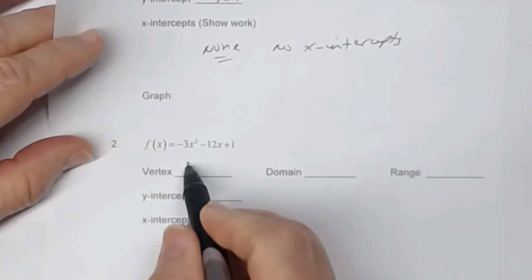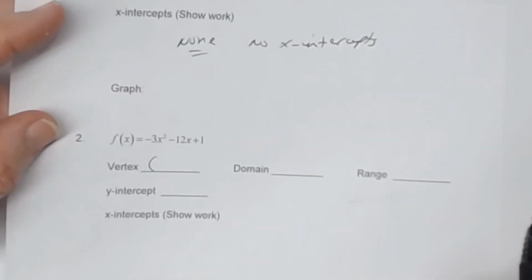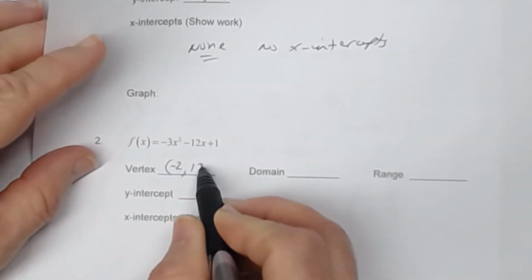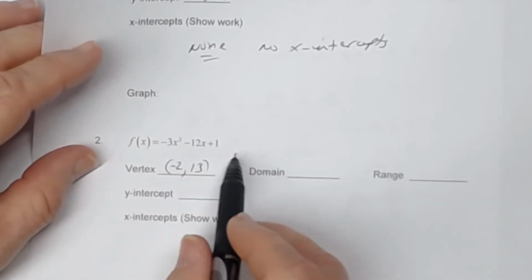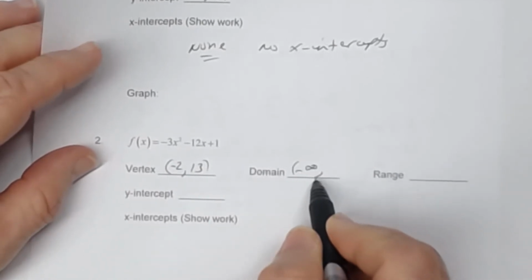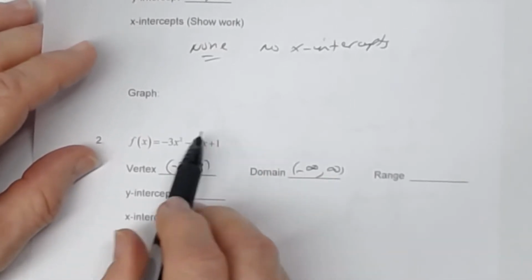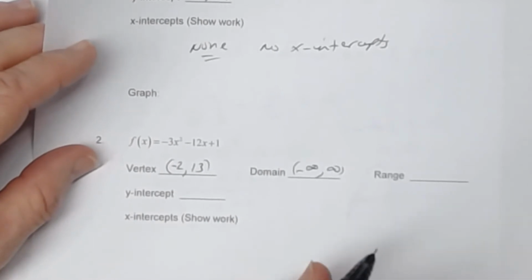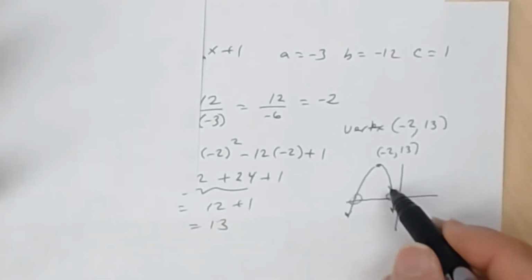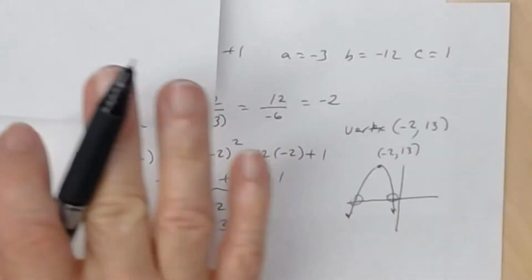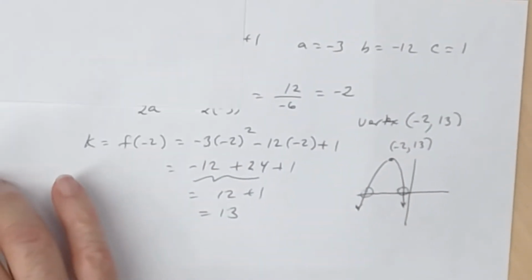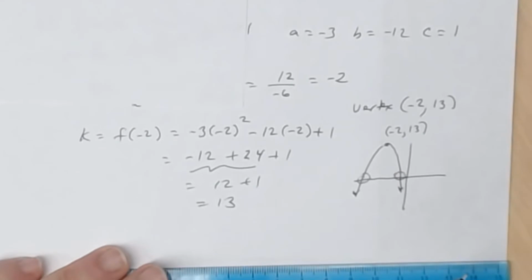Now, so we found the vertex. So the vertex is negative 2, 13. Remember, the domain of every quadratic function is all real numbers. I can substitute any value for x and I'll get a y value. But the range, let's think about the range. Let's use this to talk about the range. So remember, to find the range, that's your set of y coordinates. So we're going to go along the y-axis.